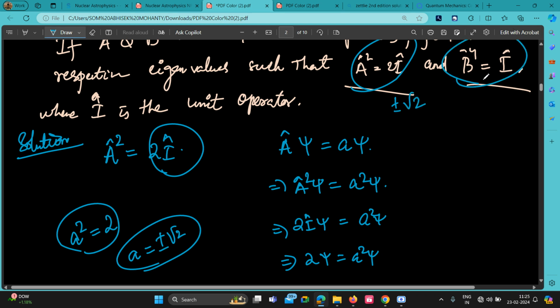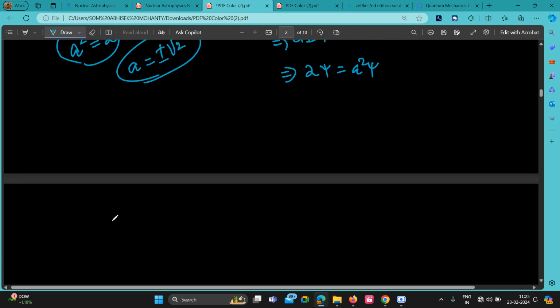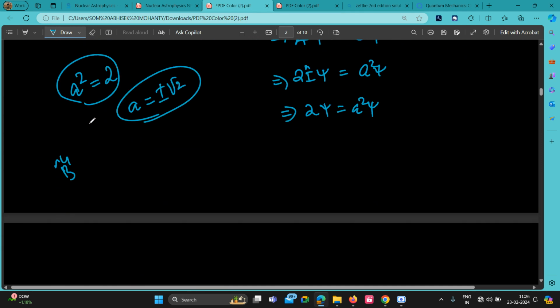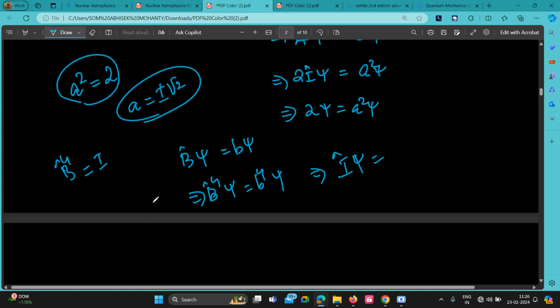Now let's do this one, B fourth. B fourth is equal to I. Suppose B psi. So B fourth psi is equal to B fourth psi. Then B fourth is I, so I psi is equal to B fourth psi.